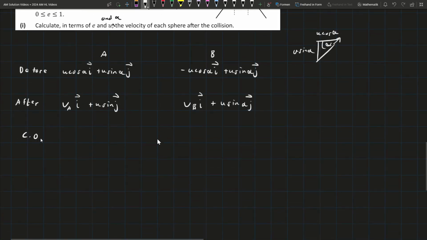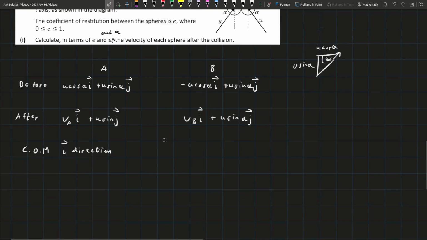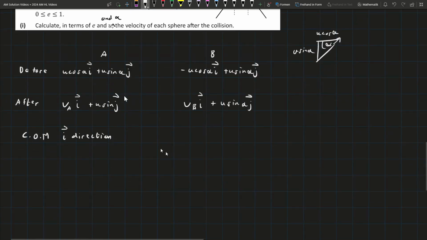So as always, we have two facts: conservation of momentum. We're doing this in the i direction. And since they both have the same mass, they're both identical spheres, we don't have to worry about it. I'll write the whole thing out though, m uA plus m uB equals m VA plus m VB. But because the masses are all the same, we just have uA plus uB.